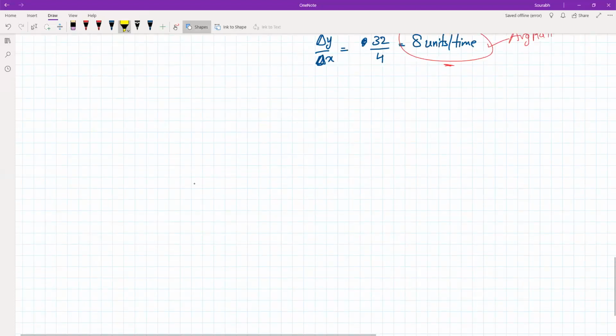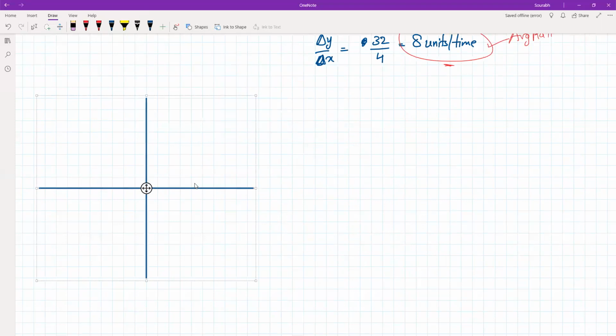Now to do that, suppose this is our graph, and this is our x and y axis, and suppose this is the graph of function f of x. It can be anything, but whatever it is, you will have a graph for that. So this is the graph for that function.